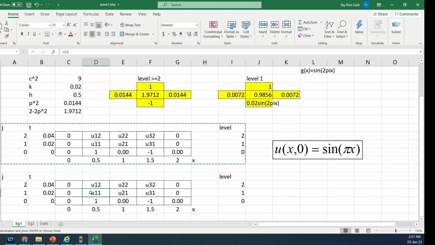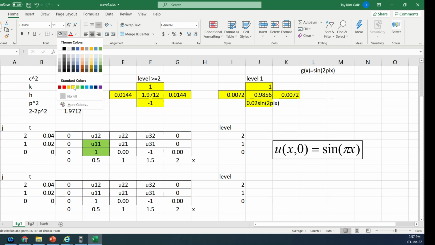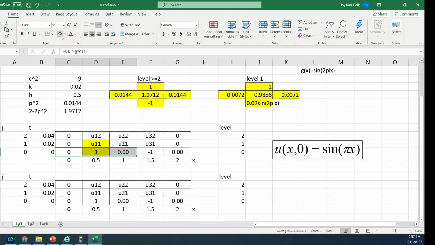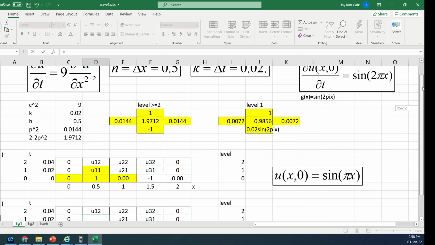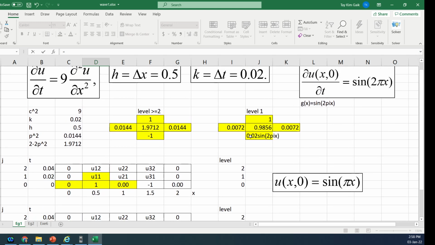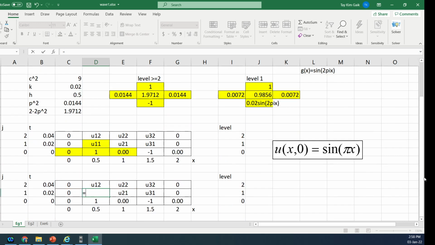I want to calculate here. So to calculate U11, you will target like this. Let me put it here. So using K to level 1, you need to use the level 1 molecule, which is actually the 2 level. And then here for level 1, because del U del T is not equal to 0, you add up K times sin 2 pi x.